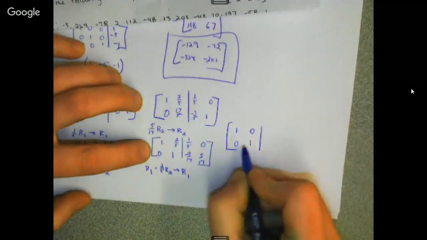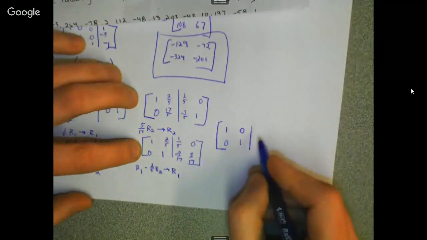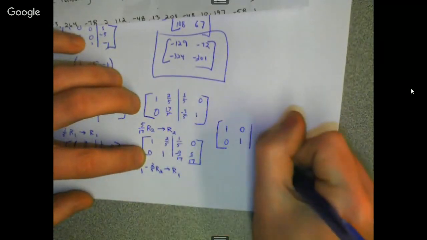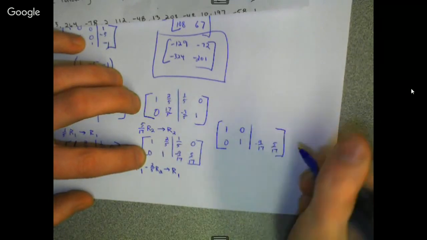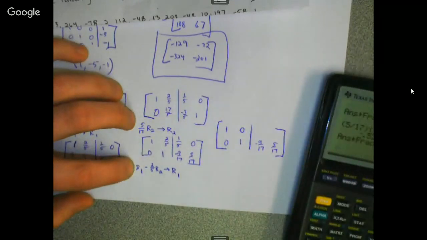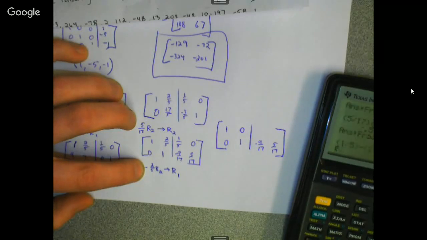So I've got my RREF over here. Okay, so this row did not change. And we took row 1, so 1/5 minus 2/5 times -9/17.